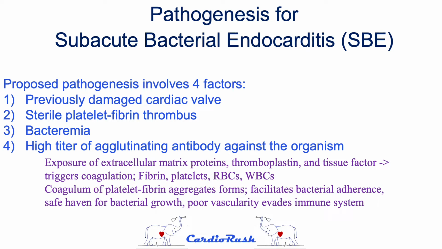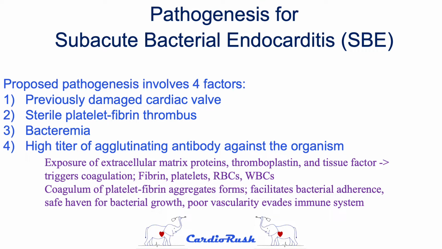One of the ways to get bacterial endocarditis is to follow a proposed pathogenesis that involves 4 factors, and this is sometimes referred to as subacute bacterial endocarditis, or SBE. These factors include a previously damaged cardiac valve, which then has a sterile platelet fibrin thrombus that develops on the damaged valve.